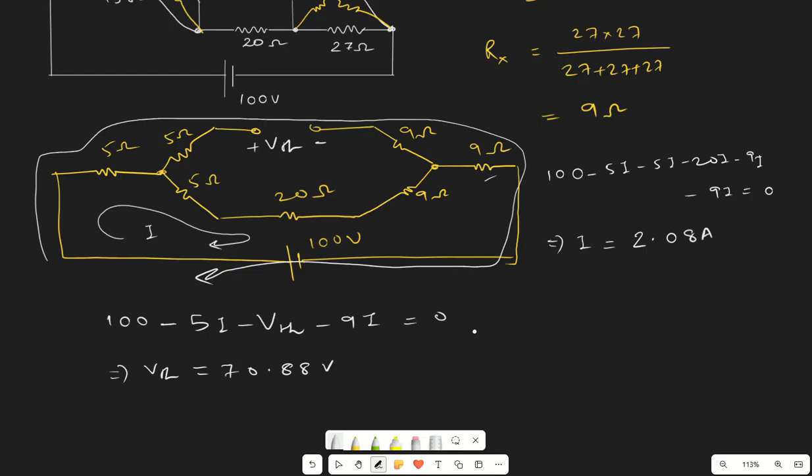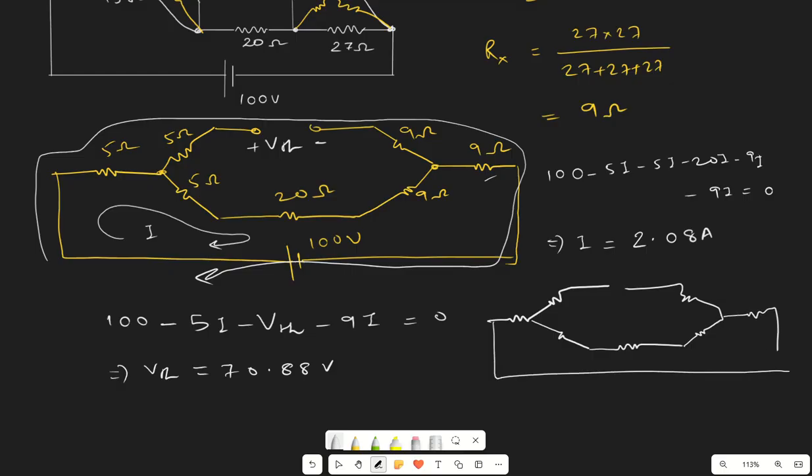Okay, now similarly if you want to determine the resistance, this is our circuit. We will be short circuiting the supply. So this will be our circuit.